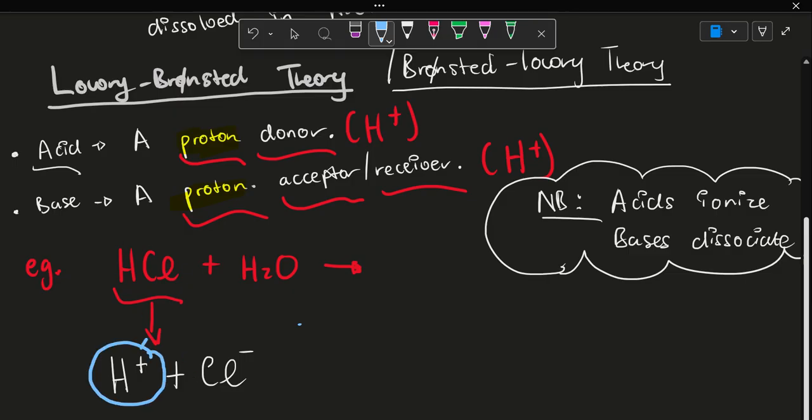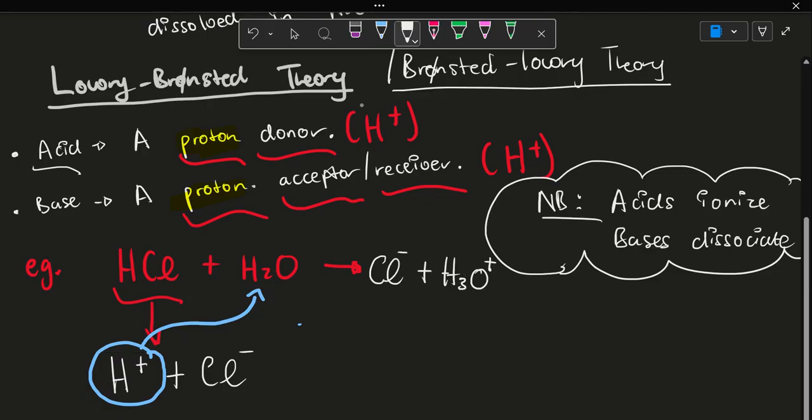Where does it give it to? To the water, right? So what you have then is an end result. Remember, in HCl you have H plus and Cl minus, but then you gave away H plus. That means you only have Cl minus left plus H3O plus.